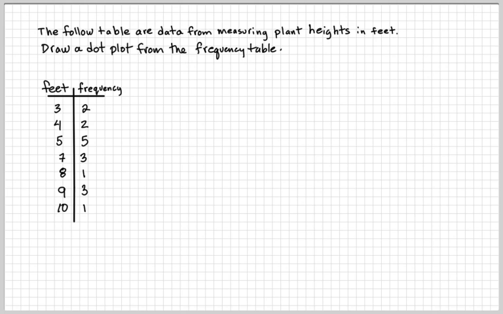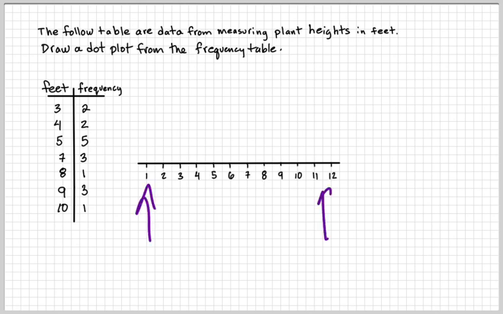Okay, so you can see that the data point is 3 feet, and there are 2 plants that have that. Or 5 feet, and you can see that there are 5 plants that do that. So we draw a number line, and in this case we're going to start at 1 and end at 12. Even though the data here doesn't start at 1, I just started there. You could have started at 3 because that's the lowest number.